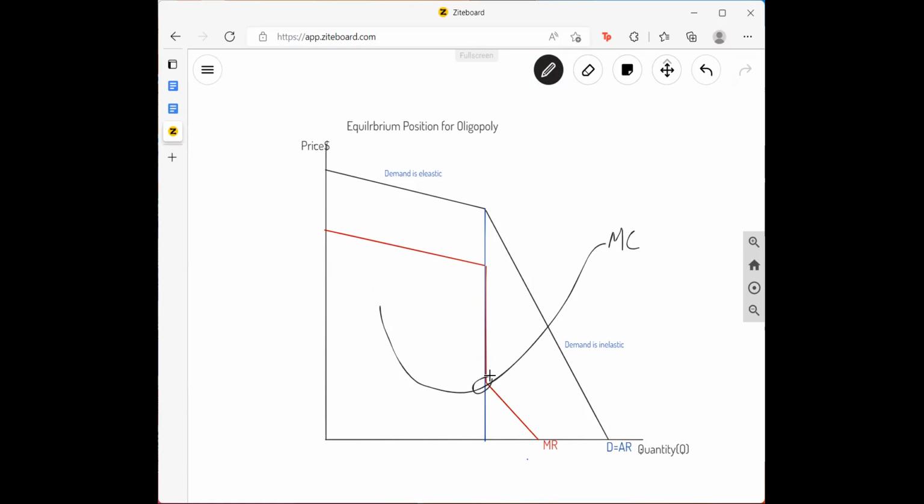It can be anywhere on this curve, but we are just saying it is here, right? So this is the profit maximizing output. You can write this here as QM. The quantity that is the profit maximizing output. And this is the price that is the maximizing price, right?